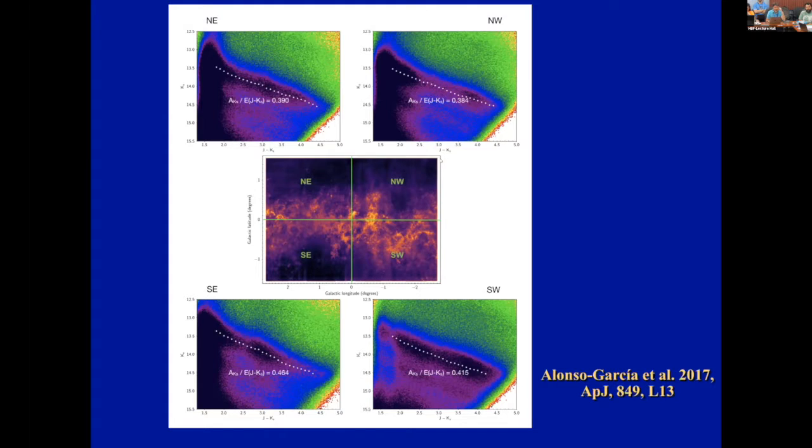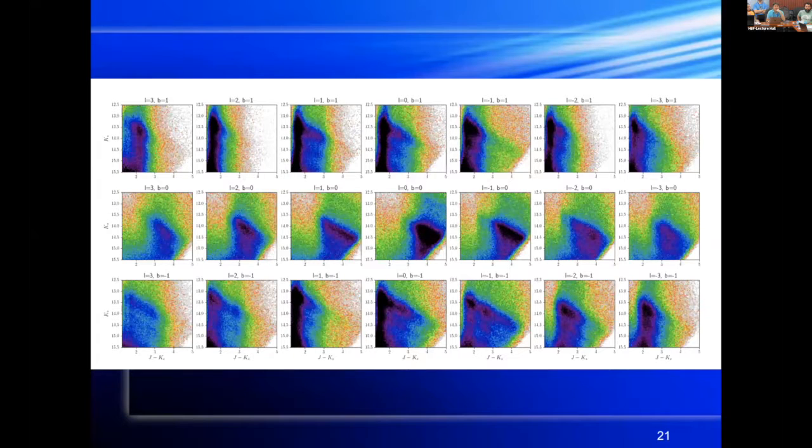So the next step would obviously be to extend this to a bigger area and to examine this extinction in smaller regions of the sky. So I tried to start working on this. And here you can just see the color magnitude diagrams of regions of 1 by 1 degree in the sky.